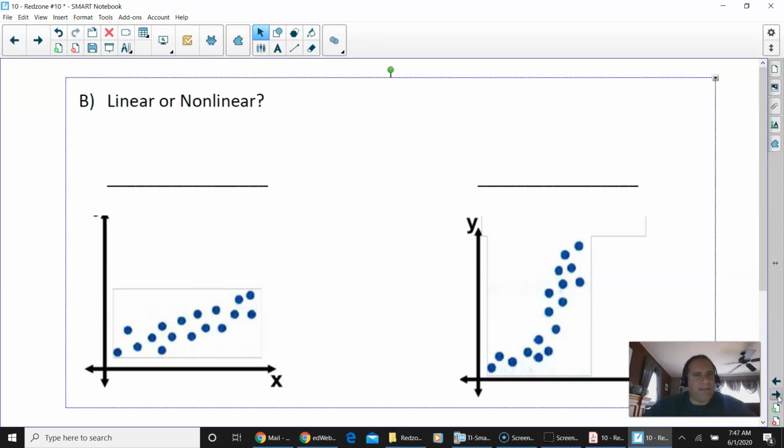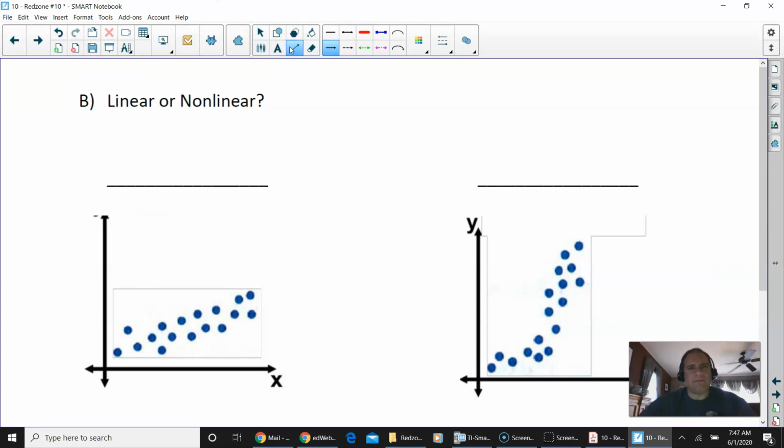So for B, you just have to tell if they're linear or not. So this first one, again, that trend line, a scatter plot will never be completely linear. But if you could draw a straight line through the center of all those points, just like that, we are going to say that that is linear.